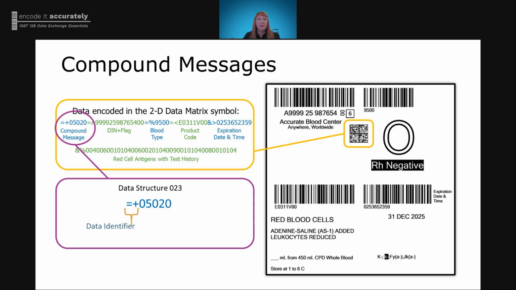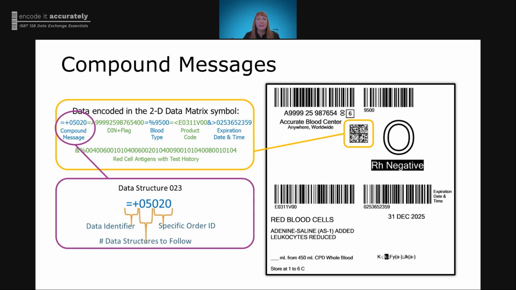And then the data structure: the 05 indicates that there are 5 ISBT 128 data elements that are going to follow that compound message. And then the 020 indicates that the data is going to be strung together in a specific order.